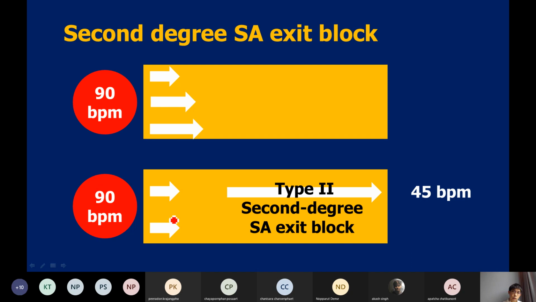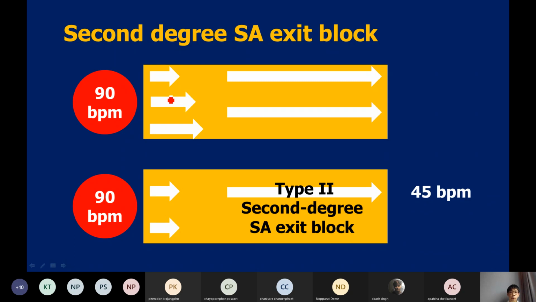Again, this one is the impulse generator of 90 beats per minute, and the impulse travels into the perinodal area. But there is some progressive delay of the impulse in the perinodal area. Some are delayed more than others, so some can exit the perinodal area and some cannot.